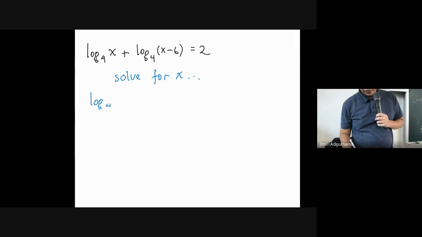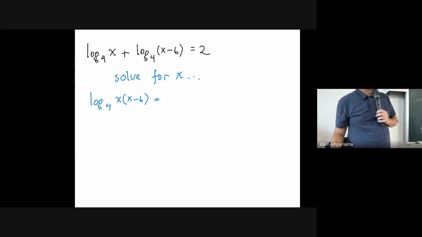So this is log 4. Because it's plus, I can multiply x with x minus x. And then the 2 will be log 4, and the result is 4 with the power of 2. It's 16.